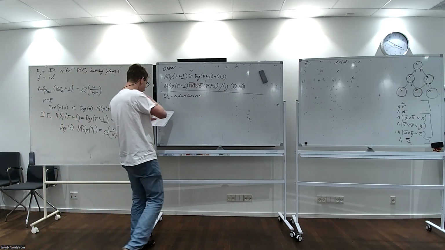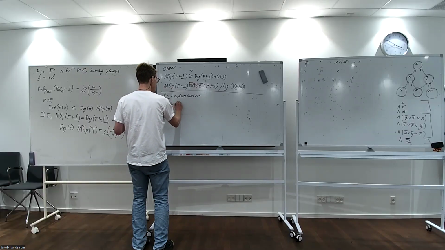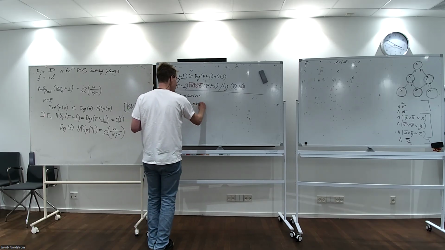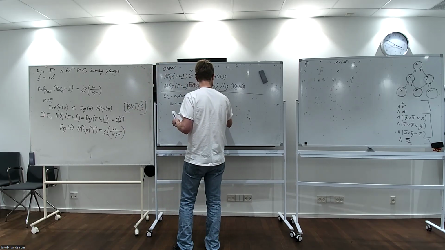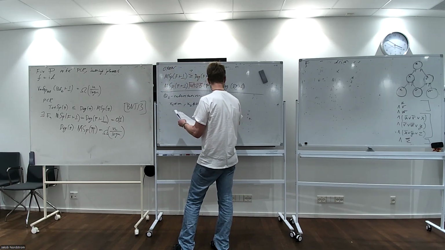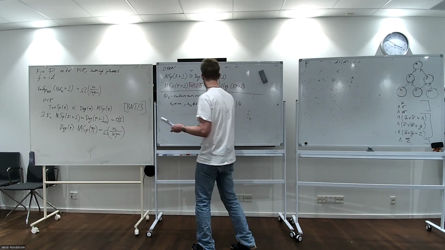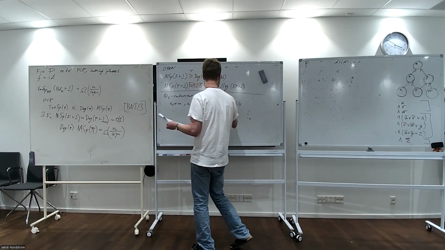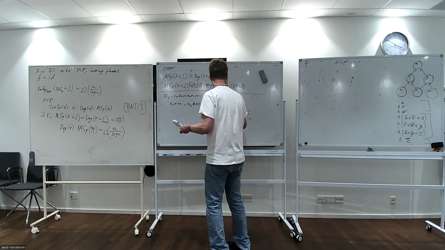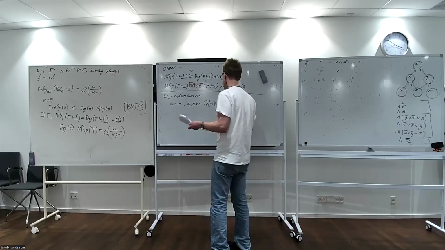Then I claim that suppose that x1 is in a monomial M, but x2 is not in M. Then the probability that M is not zeroed out is exactly 3/4.